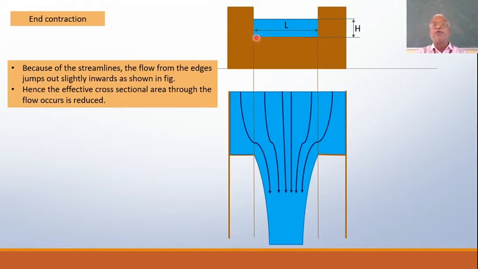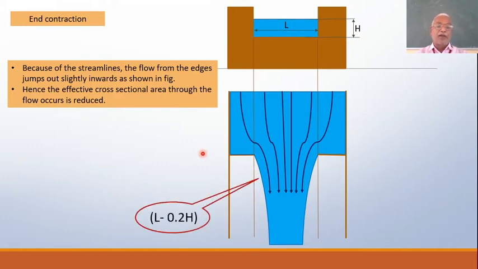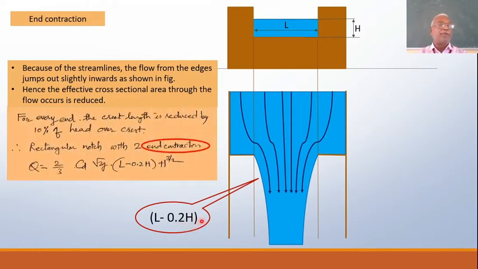L will not be fully effective, or L into H will not be the cross-sectional area through which the discharge is occurring. So now what to do? The effective cross-sectional area is reduced by 0.2 times H. Why? Because for every end contraction, the crest length is reduced by 10% of the head over the crest.